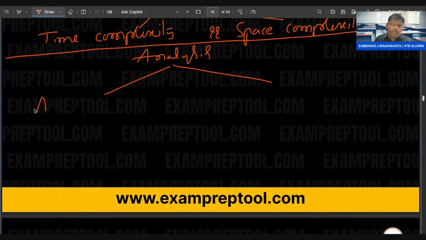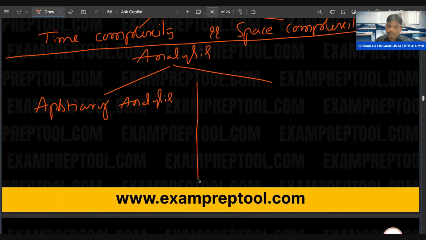One is going to be posterior analysis. Another one is priori analysis.